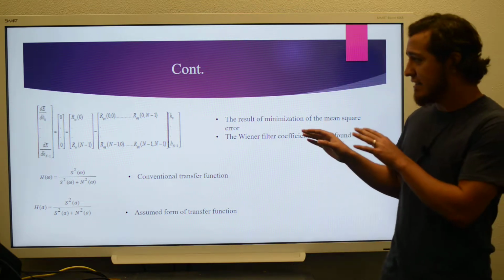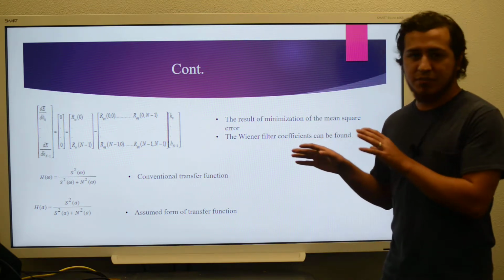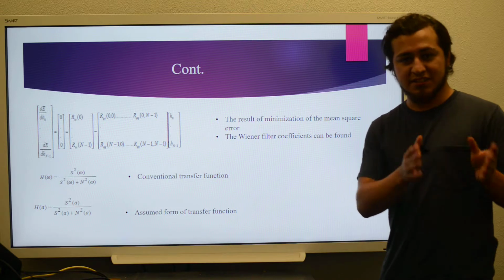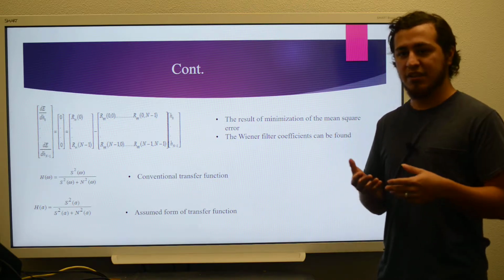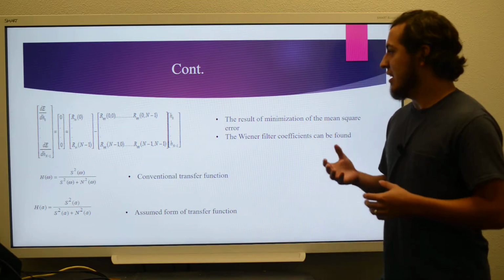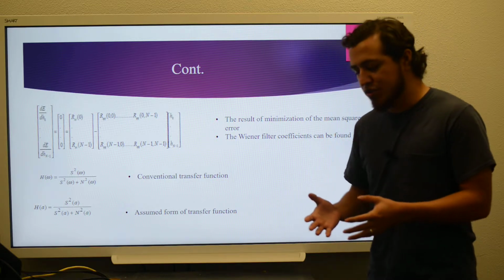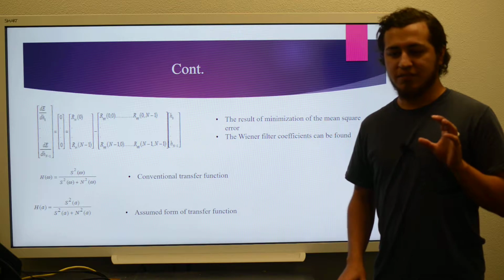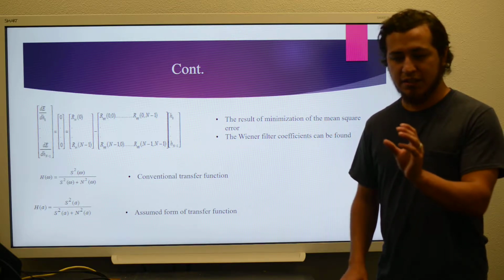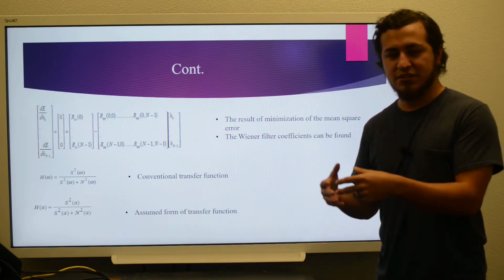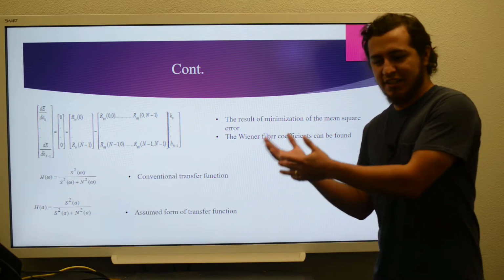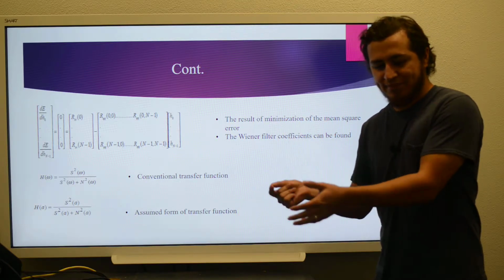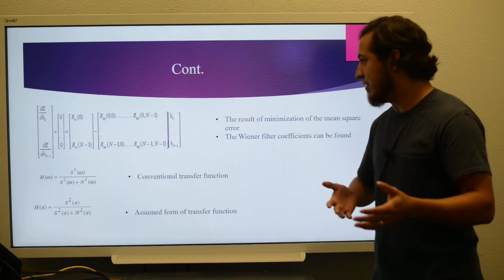As I said earlier, the Wiener filter minimizes the error between the desired signal and what you actually come up with from the filtering process. So what they do is minimize the mean square error, the desired input minus the actual output that comes out.